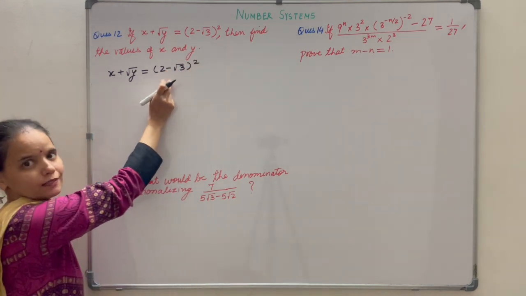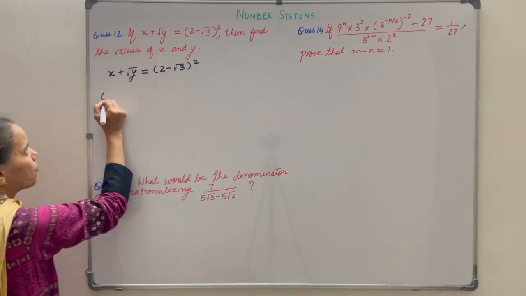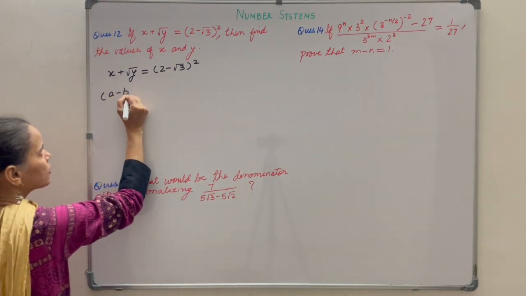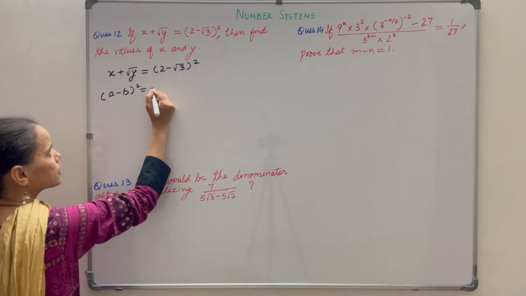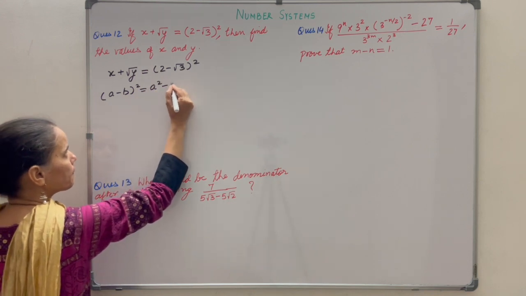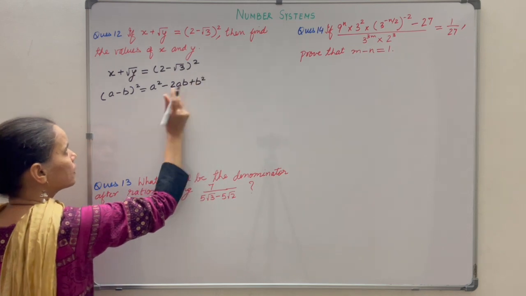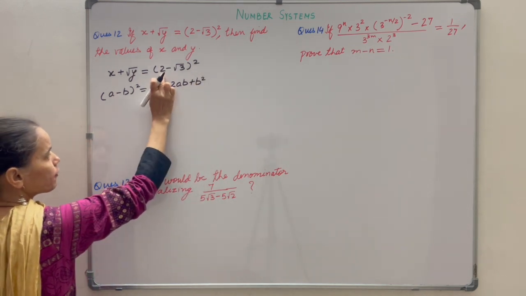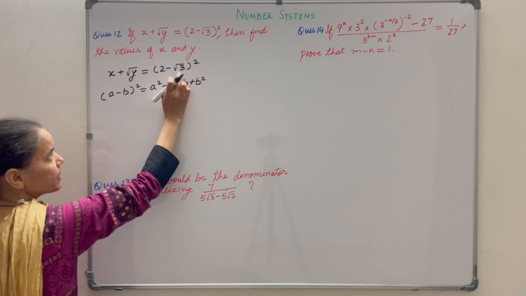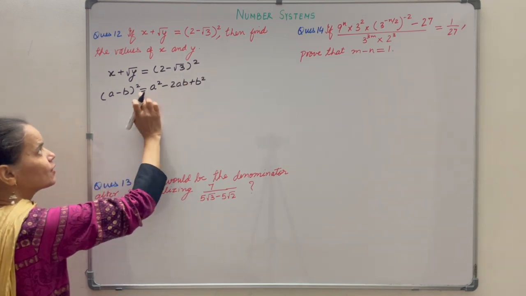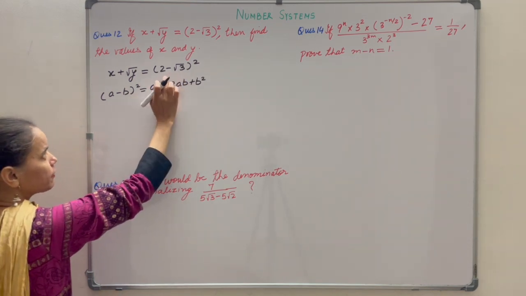We can solve this using the formula a minus b whole square is equal to a square minus 2ab plus b square. So in place of a you have 2 and in place of b we have root 3. So using this formula, let us simplify this.